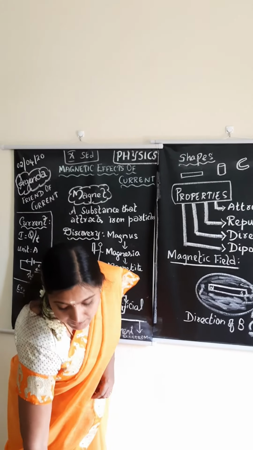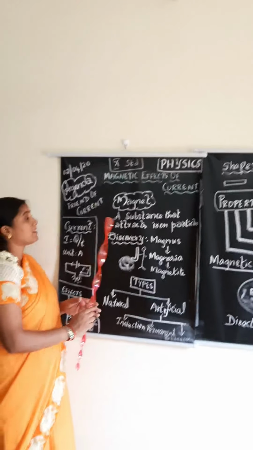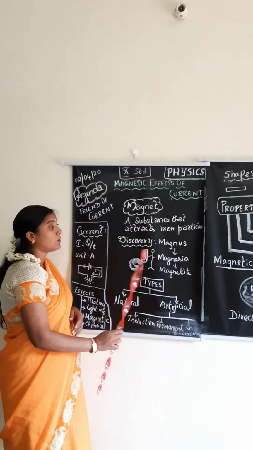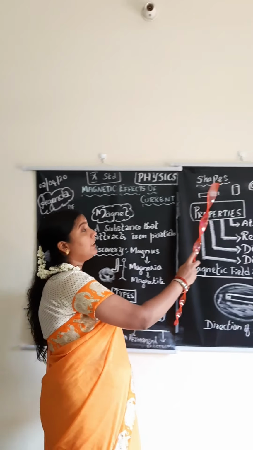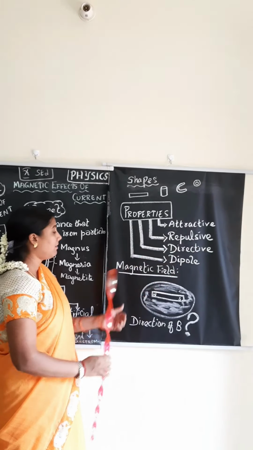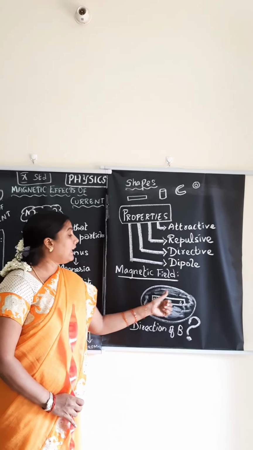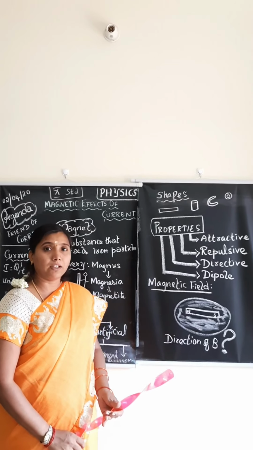Clear? So what all we have seen so far? We have seen a magnet, a substance that attracts iron particles, how it was discovered, what are the classification of a magnet, different shapes of a magnet, some basic properties of a magnet and magnetic field. The area around the magnet where its attraction is felt, that is magnetic field. Okay.